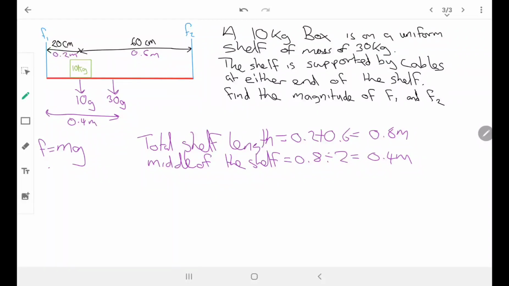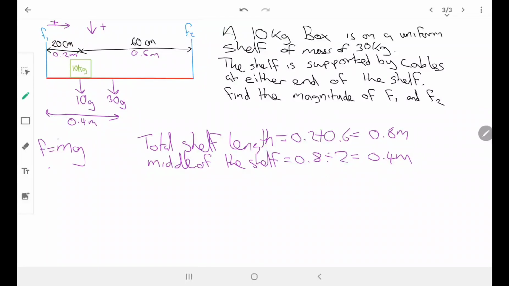Now another thing I'm going to quickly do before we do any calculations is define which way is positive. So I'm going to say this way is positive in terms of our direction, and downwards is also positive in terms of our force. So I would expect F2 and F1 to be negative values for F, just because of the way I've defined it.